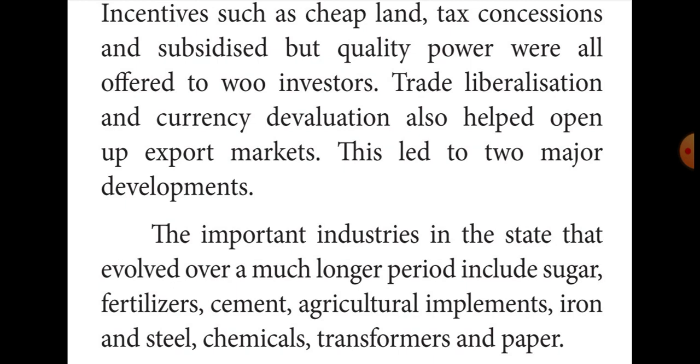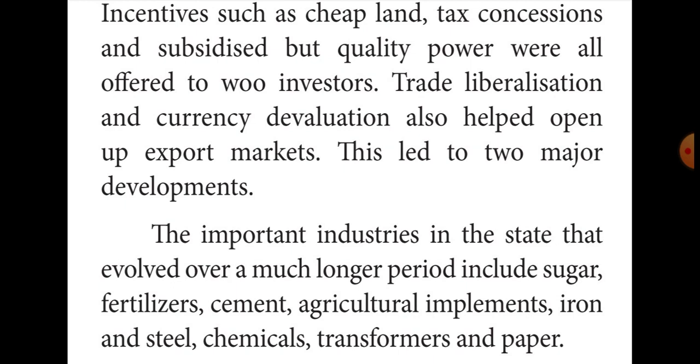This led to two major developments. The important industries in the state that evolved over a much longer period include sugar, fertilizers, cement, agricultural implements, iron and steel, chemicals, transformers, and paper.